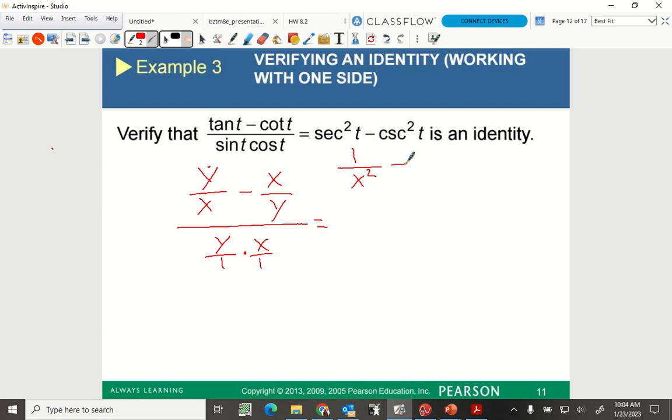What's 1 squared? Still 1. And minus cosecant, which is 1 over Y. It's cosecant squared, so it's 1 over Y squared.